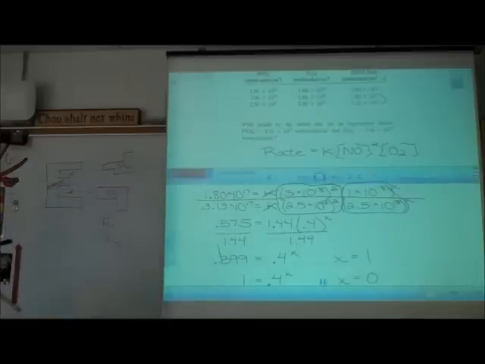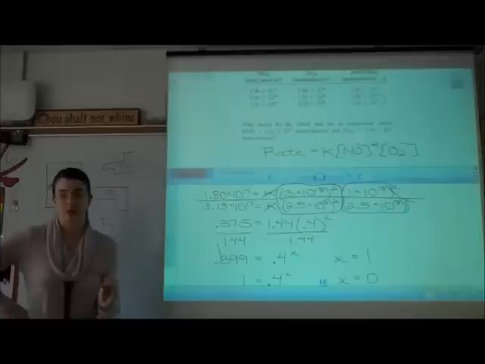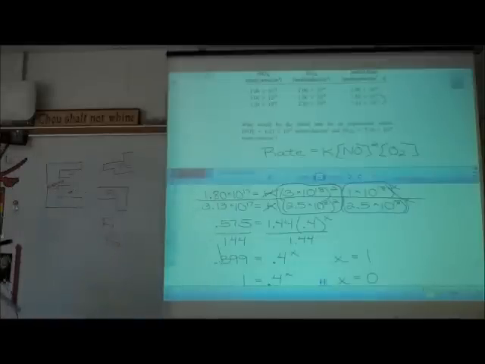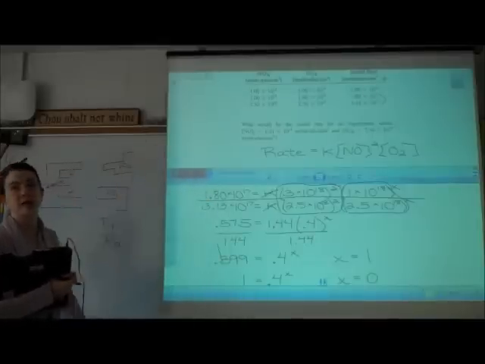The only time that this method is absolutely required is if you're doing a compared line by line kind of problem, but one of your reactants never stays constant. This method is absolutely necessary if you have that situation.